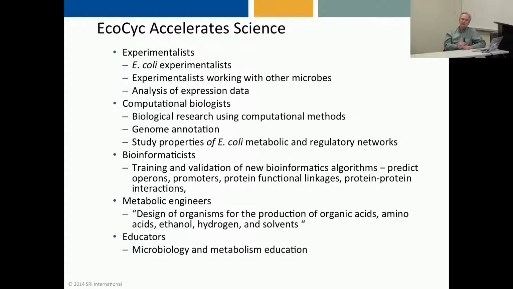And often they'll extract that training set from EcoCyc because it provides a really well-curated, well-known collection of training data that they can be confident are correct. Also, people who want to redesign organisms' metabolic machinery, like to produce new chemicals, they'll use the database as a reference source on the starting metabolic network of the organism.